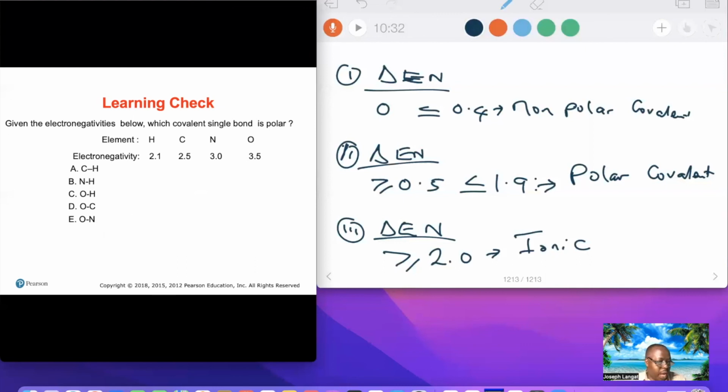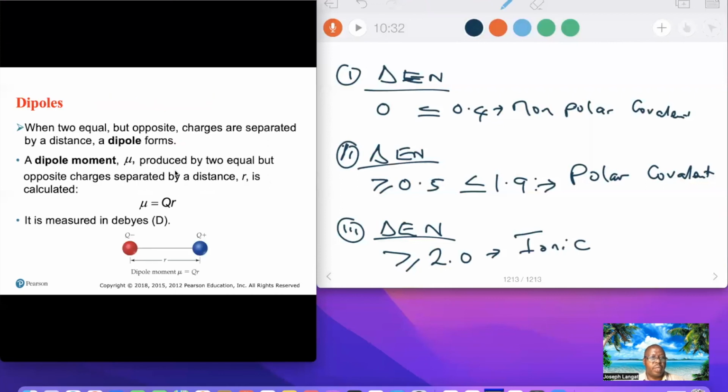The rest are 0.4 for A and 0.9 for B, so this is the most polar. The electronegativity values will be given for that.